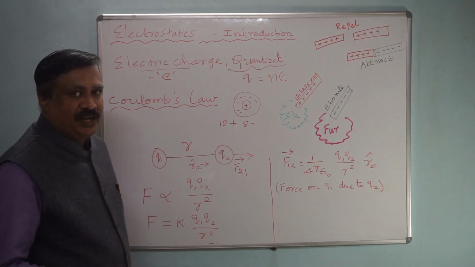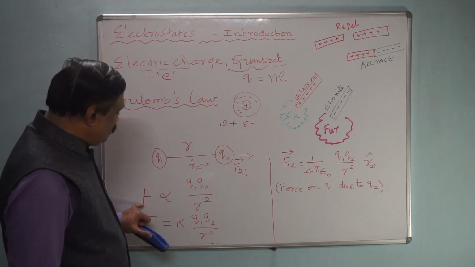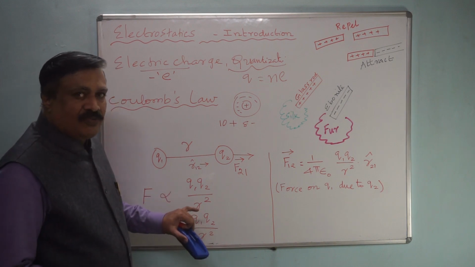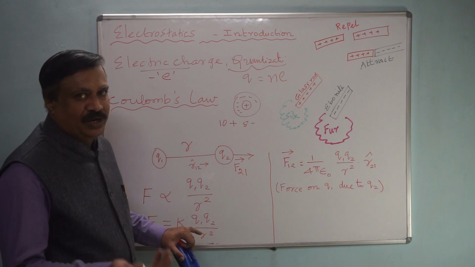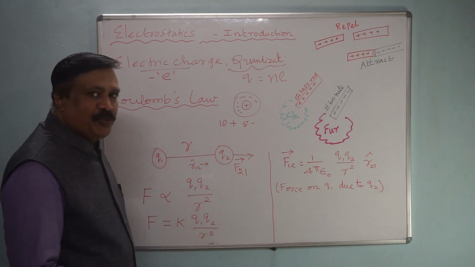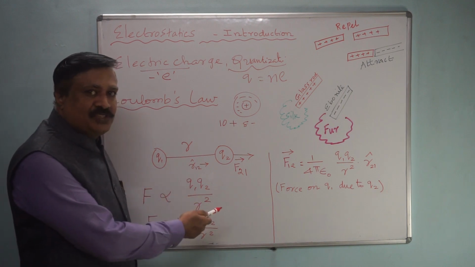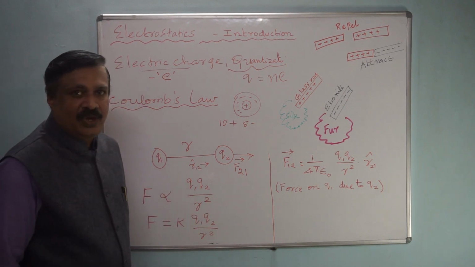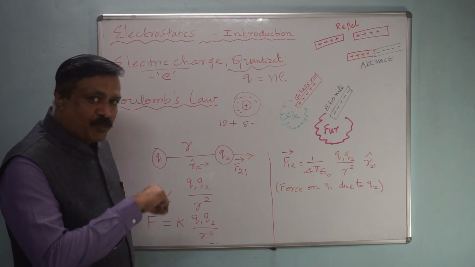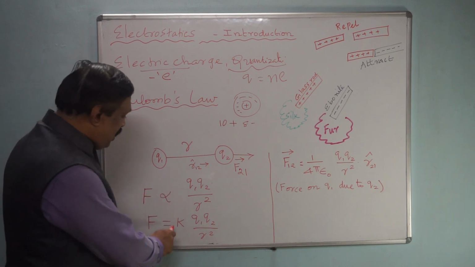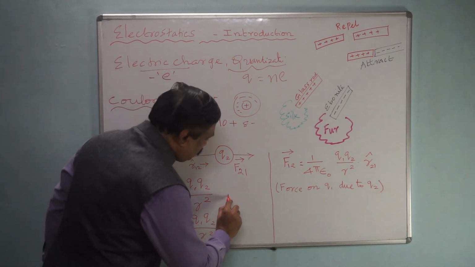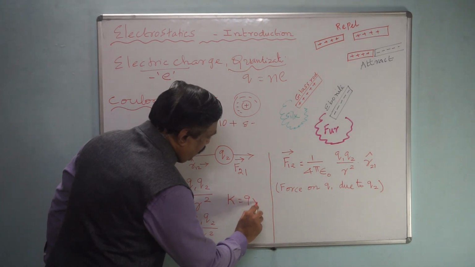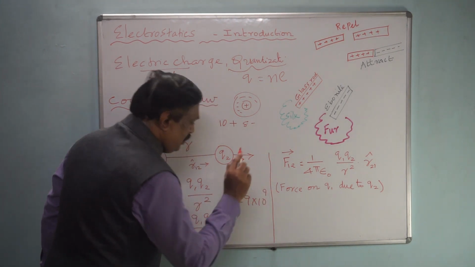Coulomb's law is defined as: the force of interaction, attraction or repulsion, is directly proportional to the product of the charges and inversely proportional to the square of the distance. The proportionality constant K is equal to 9 into 10 power 9.